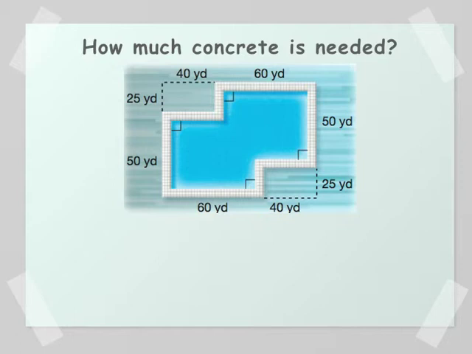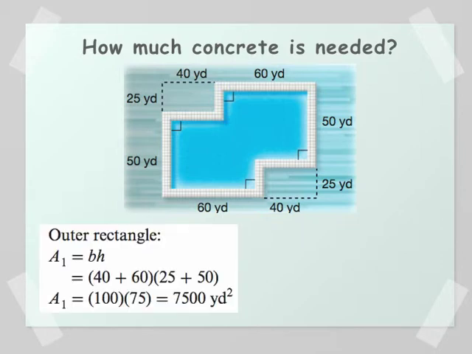The base is 100 yards, do you see that? Because you're adding the 60 and 40 together. And the height is 75 yards. So finding the area of that outer rectangle would be pretty easy. Then we can just subtract off the area of the two corner rectangles, which turn out that they are actually congruent. So that's going to be our approach.